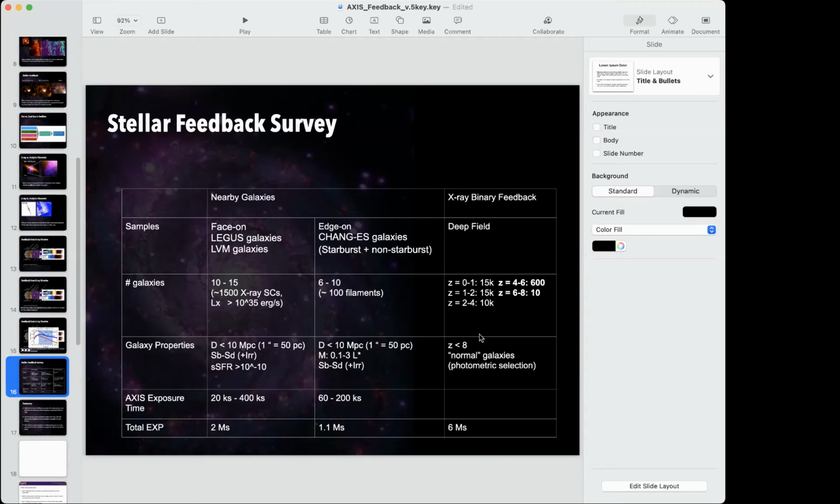So here is the number estimated with AXIS: with 6 megaseconds of exposure, AXIS will find 600 galaxies between redshift of 4 to 8, which is very exciting. And this is something that we can do using the deep field data.